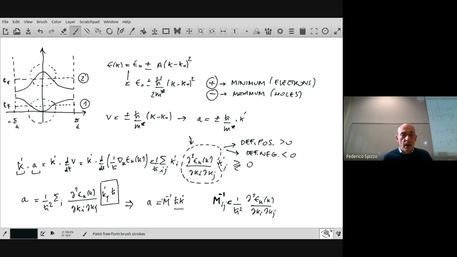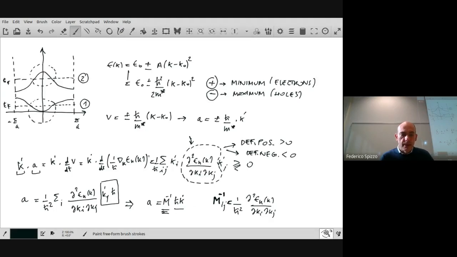So the idea of this approach is not to transform, but to include the effect of the interaction between the electron and the ionic field into this tensor.